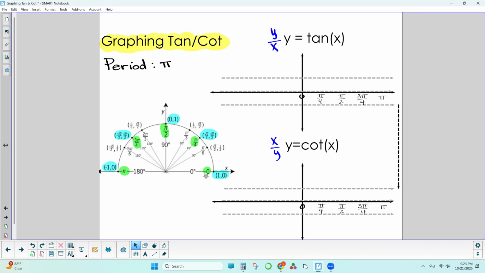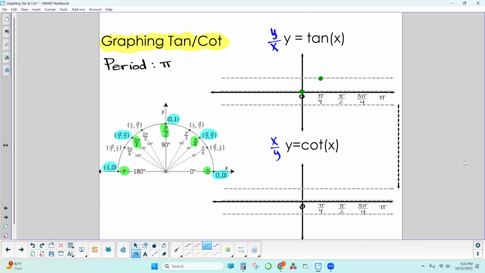So y over x at 0 radians is 0. Now we move to the second step, pi over 4, and you'll notice the coordinate is square root of 2 over 2, comma, square root of 2 over 2. If we divide y over x there, we simply get 1. Moving to pi over 2, y over x, 1 over 0, is undefined.